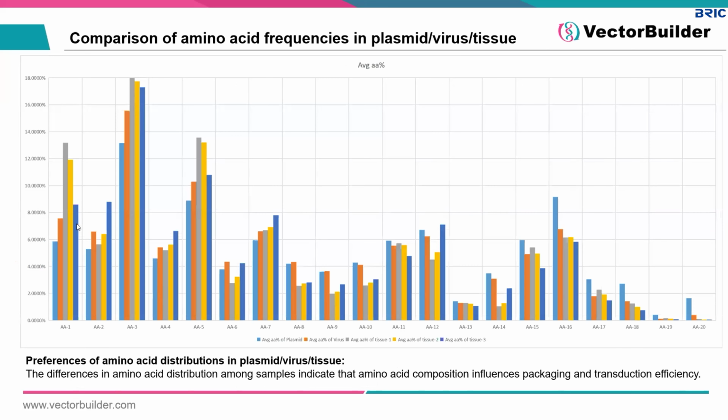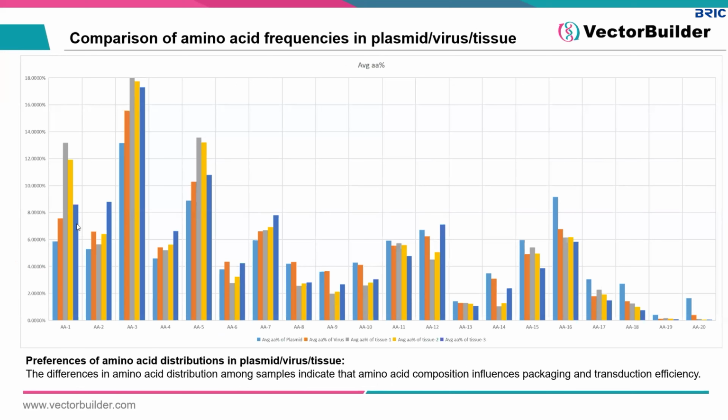We also compare the overall amino acid preference at each site in each library, such as the plasmid, virus, and tissues. Let's take a certain amino acid, for example.